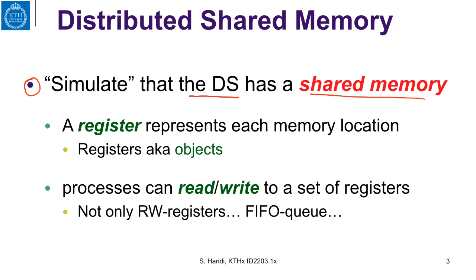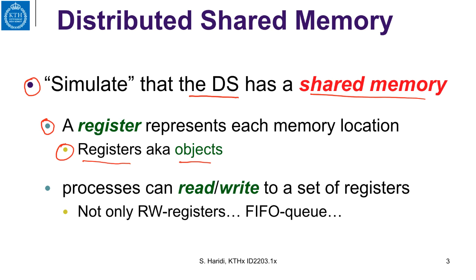And what are the concepts we are going to use here? We are going to see the shared memory as a set of objects or memory locations, and each one of these memory locations we are going to call a register. In fact, these are objects, but special types of objects, objects that we can only perform two operations on.